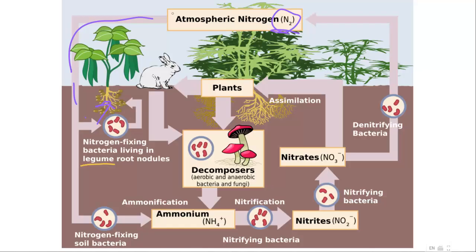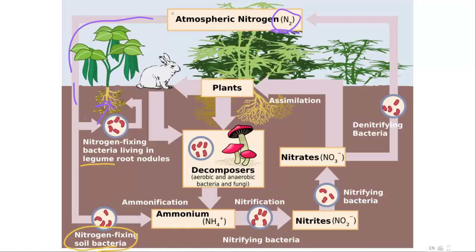It's really cool. Okay, there are also nitrogen-fixing soil bacteria, right here. These are not associated with plants, but they live in the soil and they do the same thing. They fix nitrogen. Apparently they don't need a plant host. But both of these organisms will turn nitrogen gas into ammonium, that is NH4.